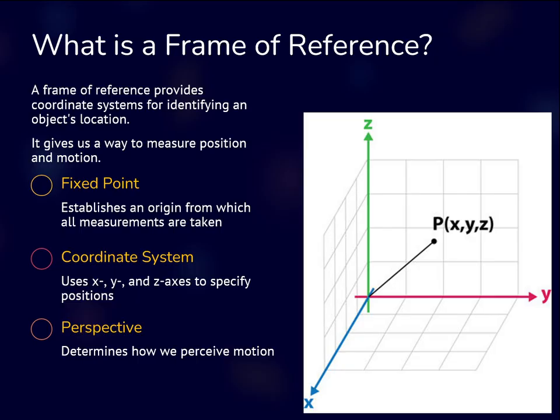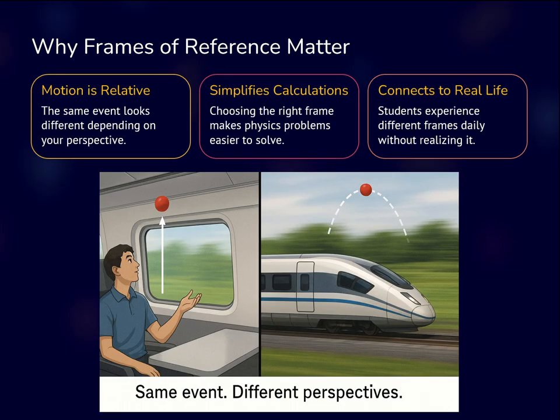For instance, saying, "the ball moved 5 meters," means nothing unless we say 5 meters relative to what? The wall? The floor? Some other moving object? The key idea here is motion is always described relative to a chosen frame of reference.